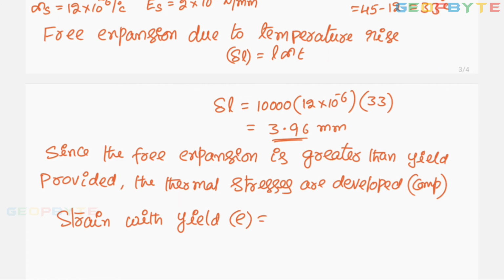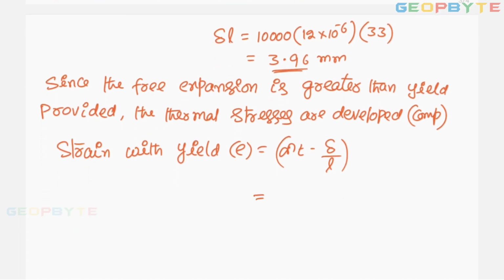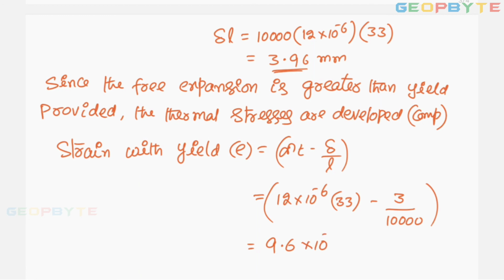small e equal to alpha T minus delta by L. Alpha given is 12 into 10 power minus 6, temperature change 33, minus 3, length 10,000. Simplify this value for getting 9.6 into 10 raised minus 5.